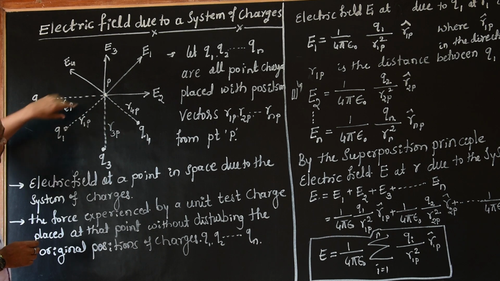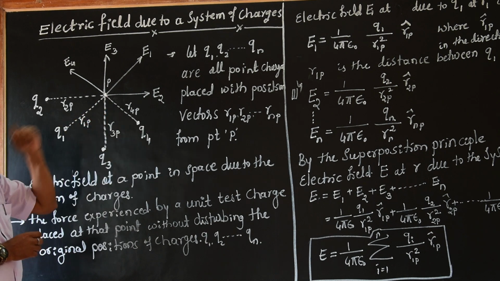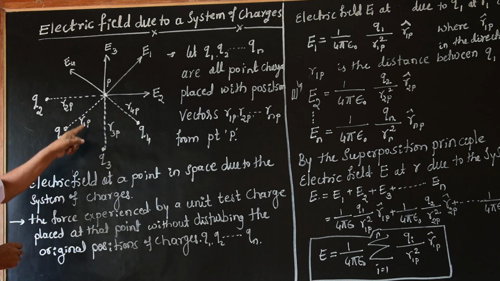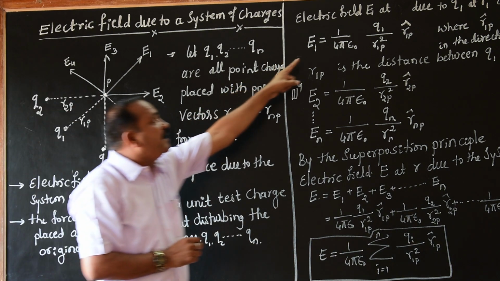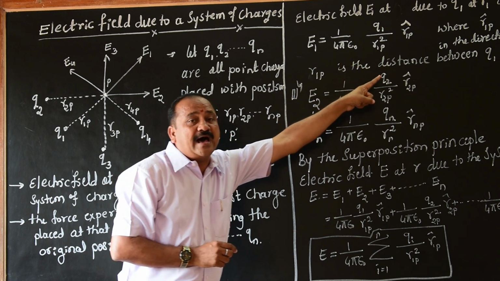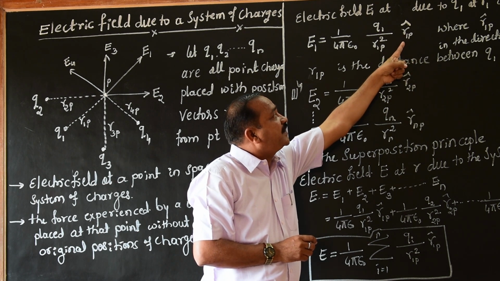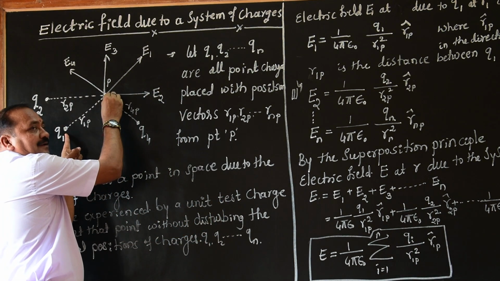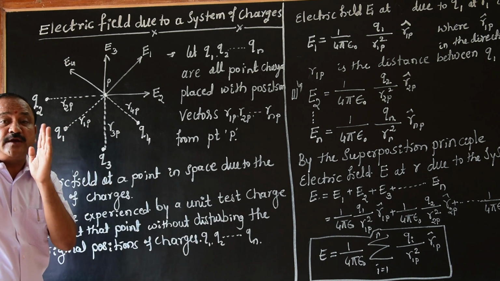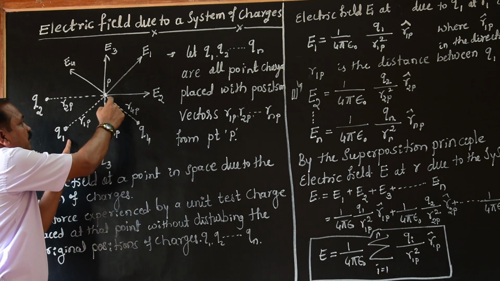The electric field E1 at point P due to charge Q1 at distance R1P is E1 equal to 1 divided by 4 pi epsilon naught Q1 divided by R1P square into the R1P unit vector, where this is the unit vector in the direction of Q1 to P. At point P we have placed the unit positive test charge, so R1P is the distance between those two.